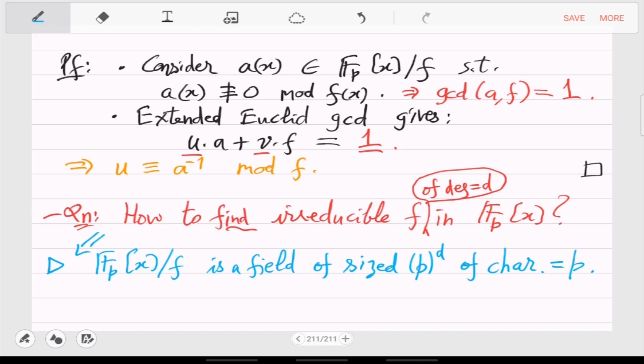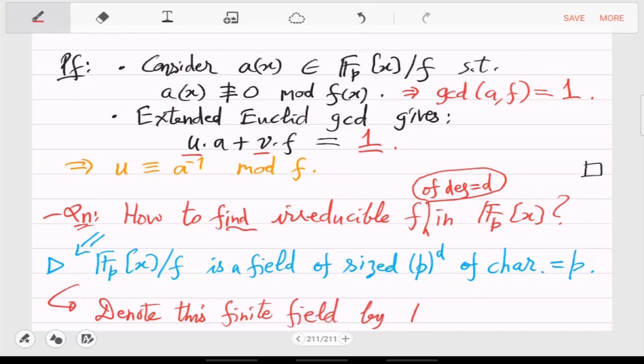So we call this Fp^d. Okay, so consistent with Fp notation, we'll call this finite field by this notation F sub p to the d.